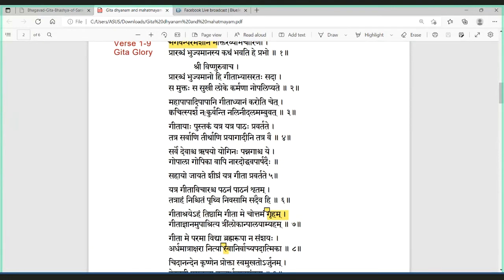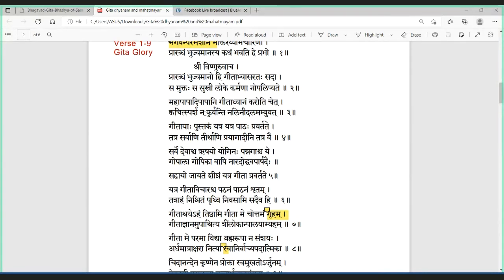Like a lotus in a pond does not get affected. So papam will not affect the jiva. However much is the papam, even this much the jiva will not be affected by it.